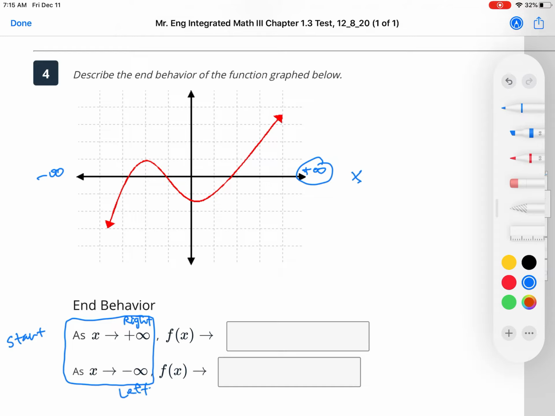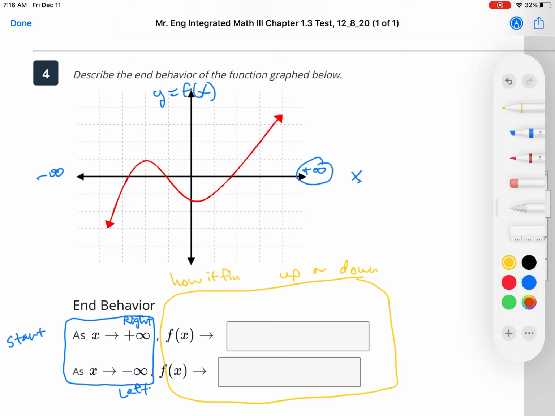Now the f of x is kind of like the y values. Essentially this is going to go up or down. So this is telling you how does it finish, up or down. How it finishes. Okay?